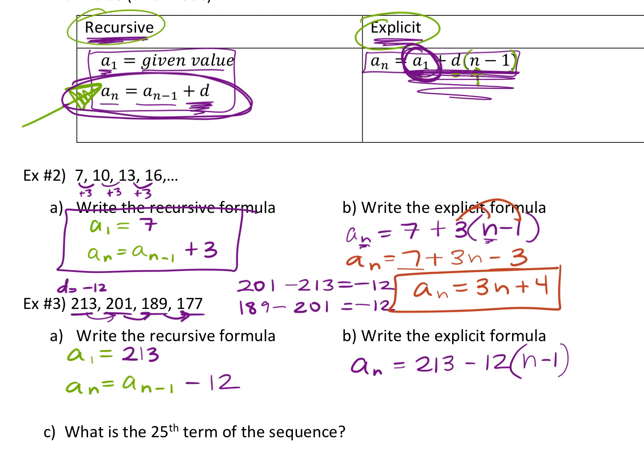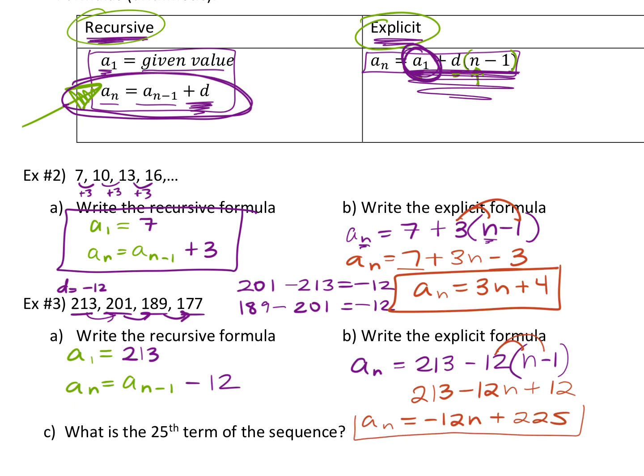You'll see in the end, it helps a lot when you get to plugging things in. So this one, if we simplify it, distribute that negative 12, 213 minus 12n plus 12 means a sub n is a negative 12n plus 225.